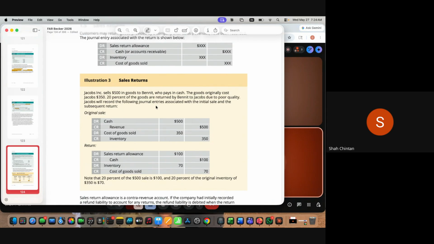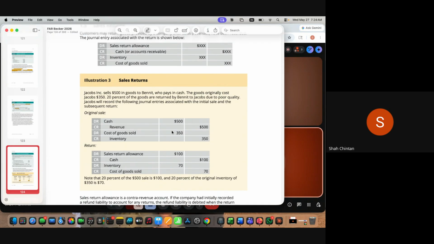Now let's say कि checkup ने ये चीज reject कर दी कि quality is not good, उसने sales return कर दिया. So whatever entry we have done, ideally it should be reversed fully. So what should be your entry? Your entry is going to be revenue account debited to cash 500, inventory account debited to cost of goods sold 350.